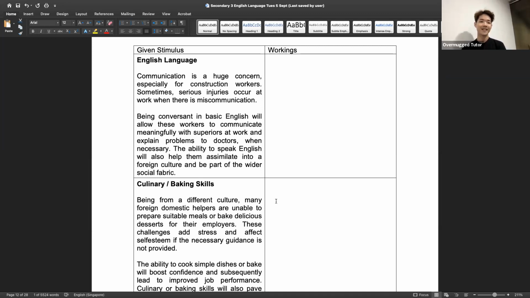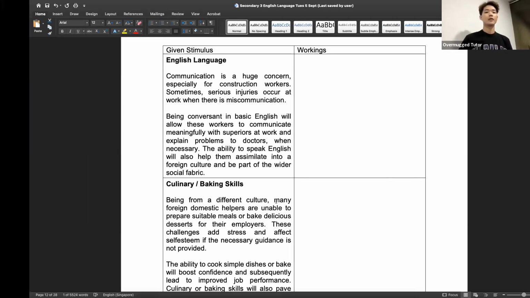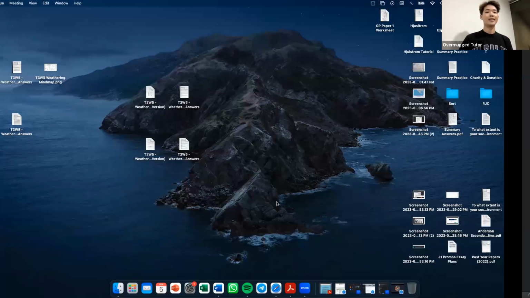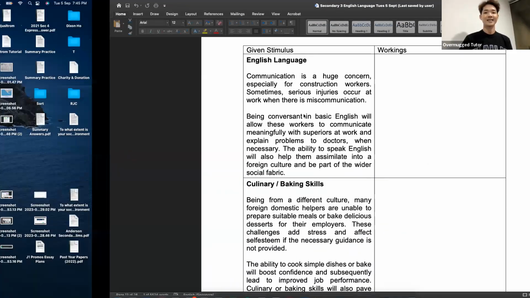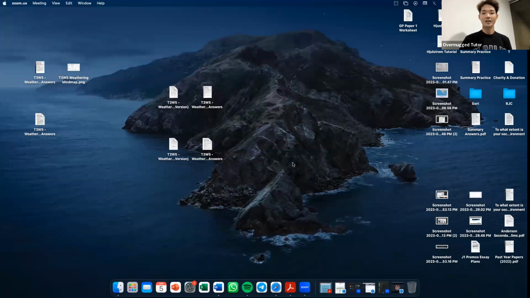Oh, okay, here we are at the given stimulus part where you need to go and paraphrase and add in your own details. Let me think if it's in the Menti. Give me a moment. I cannot recall. What is question 11?